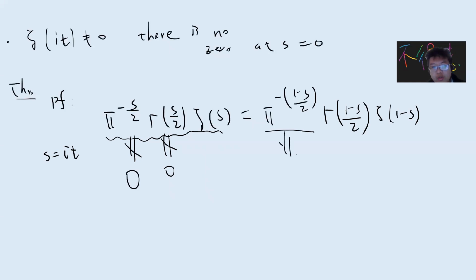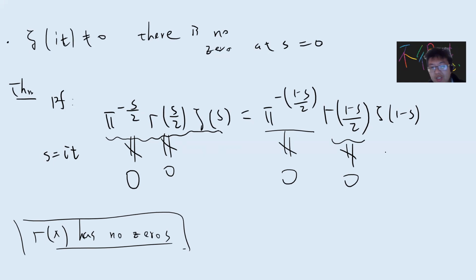And for this factor, I know it is non-zero because it is pi to something. I also know that this is non-zero because the gamma function has no zeros. And this is also non-zero by my previous result, that the zeta function has no zero when the real part equals 1, which gives the fact that zeta(1+it) is non-zero.